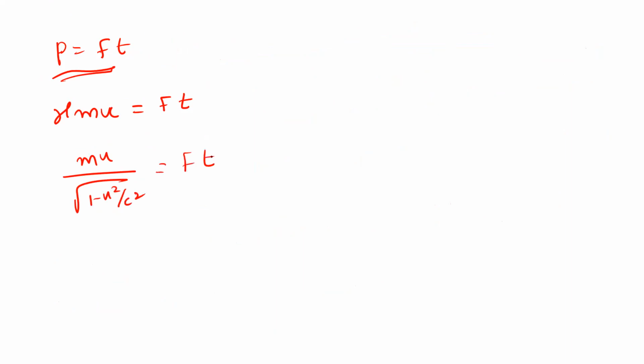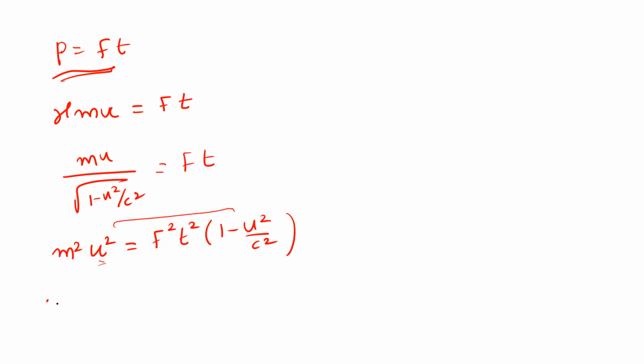But when you find the velocity, you need gamma m u first. So gamma m u is equal to Ft. This means that m u divided by the square root of 1 minus u square by c square is equal to Ft. Now you square this and cross multiply. So m square u square is equal to F square t square multiplied by 1 minus u square by c square. Now isolate the u square term.